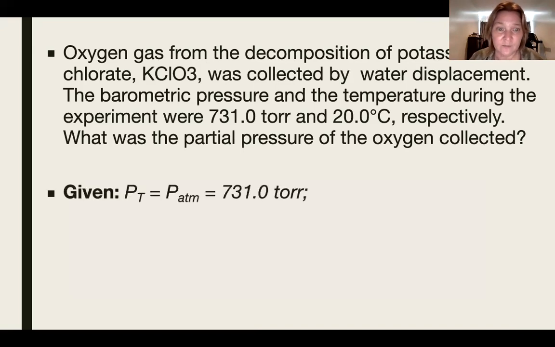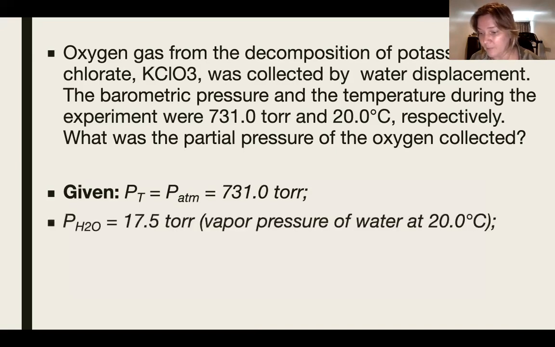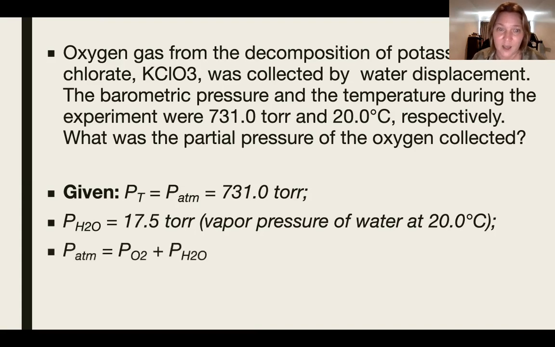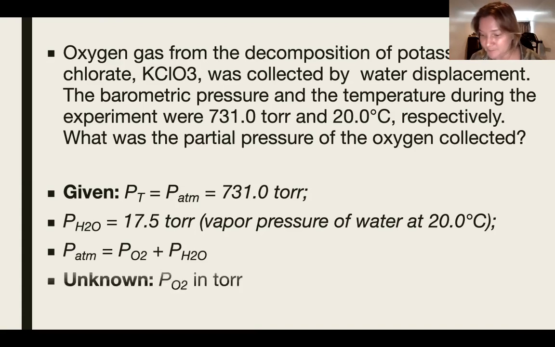So you are given the total pressure, which is atmospheric pressure, at 731 torr. And we look at the table for the vapor pressure of water at 20 degrees, which is 17.5 torr. And we know that PATM is equal to the pressure from the oxygen plus the pressure from the water.